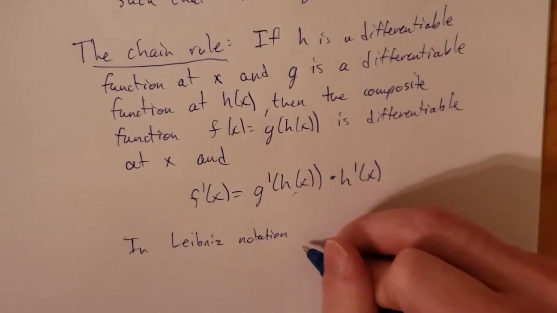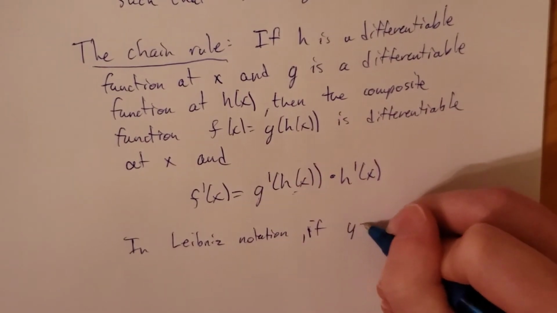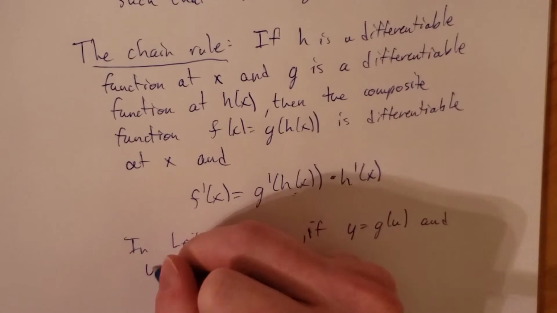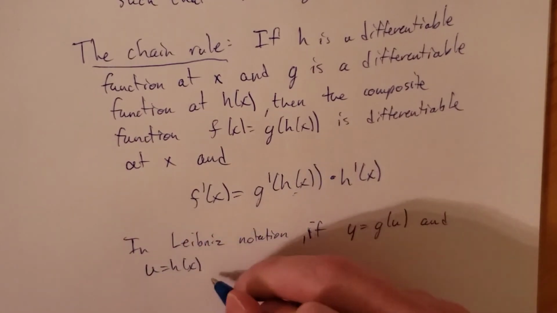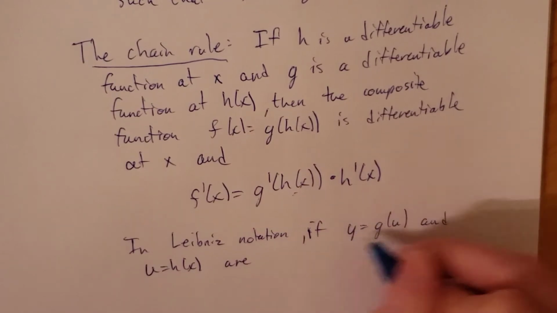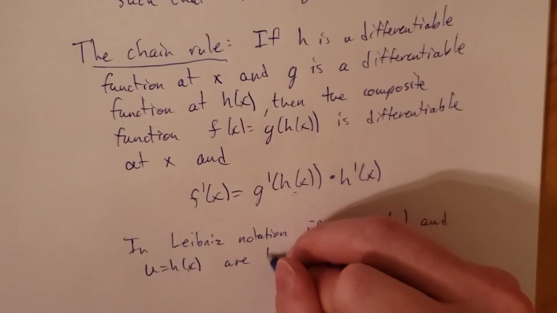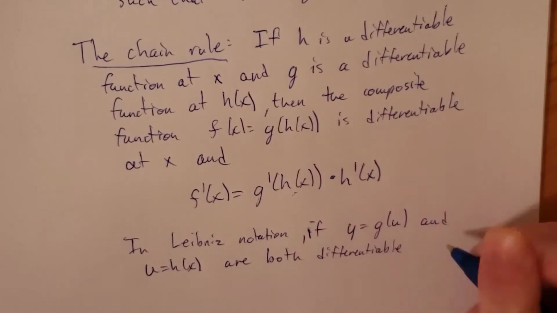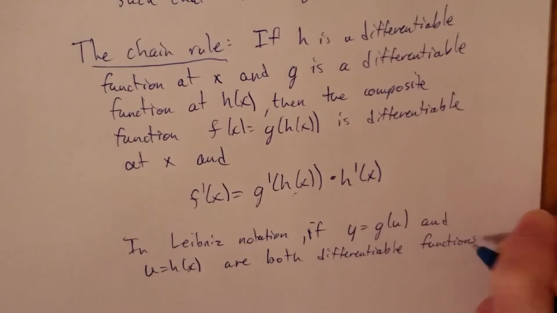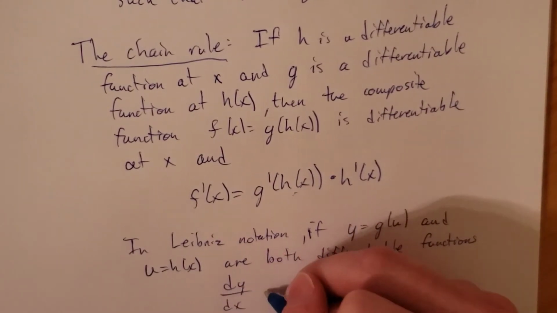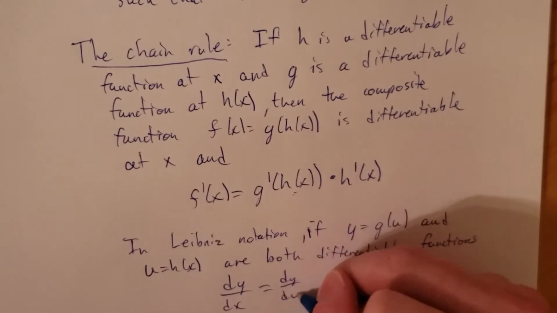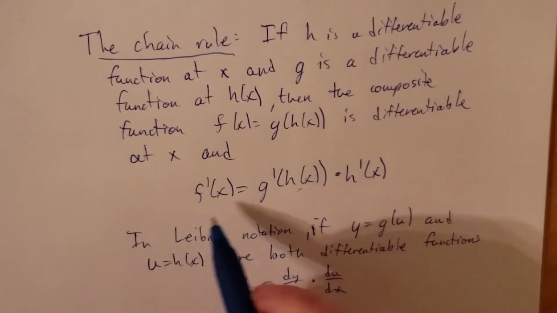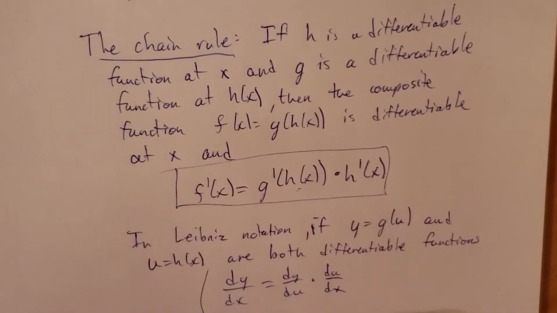In Leibniz notation, if we write this as y is equal to g of u, where u is the function h of x, so if these two things are both differentiable functions, then dy dx is equal to dy du times du dx. And so either of these are how we can think about the chain rule.